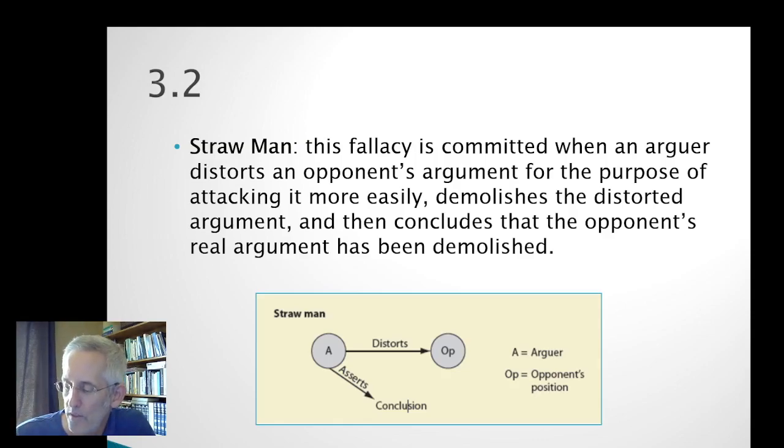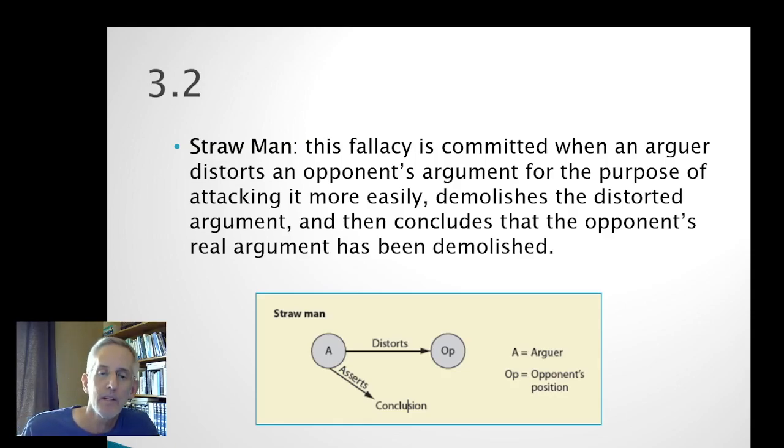So examples of straw man fallacy happen quite often. You see them quite a bit in politics, where one politician might have a position on, let's say, border control. They have some policy they want to implement that involves how we would handle illegal immigrants at the southern border, for example.